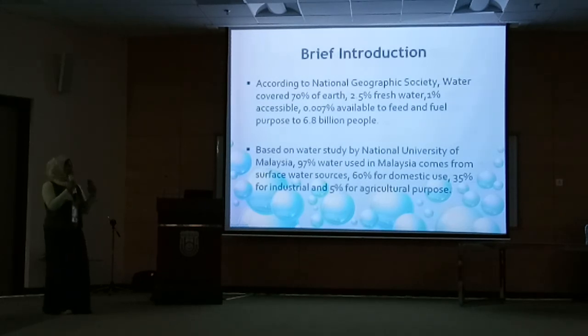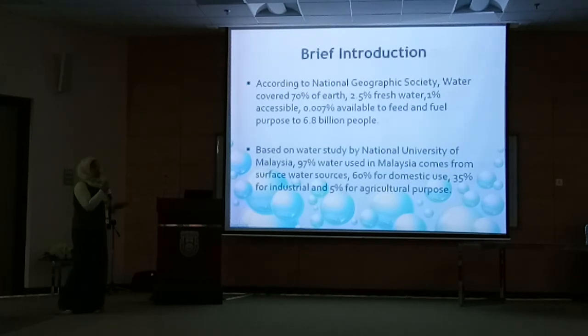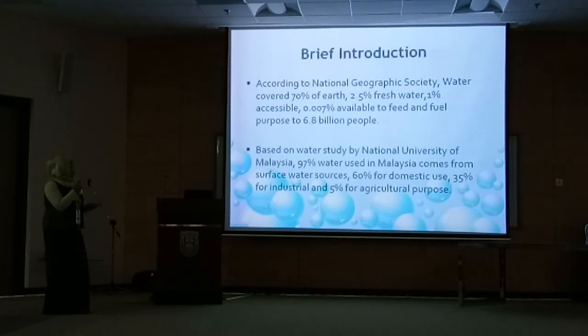Now in a smaller view, in Southeast Asia, like Malaysia, Brunei, and Singapore, they use mostly surface water. Groundwater is only 3%, so 97% of water used in Malaysia comes from surface water: 60% for domestic use, 35% for industrial purposes, and 5% for agricultural purposes.